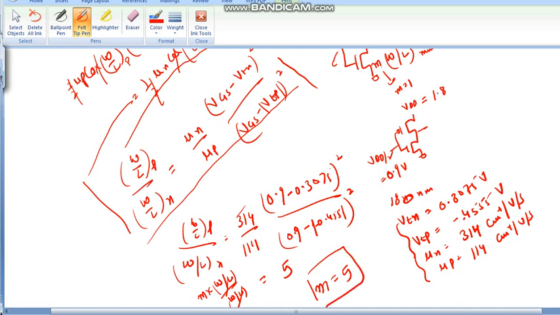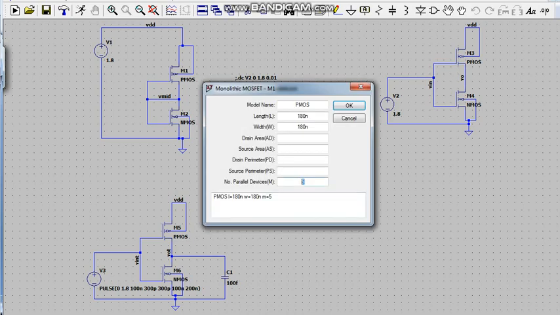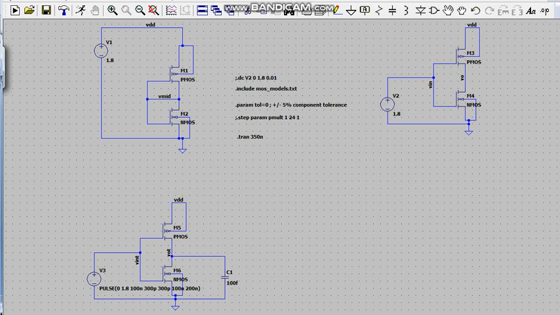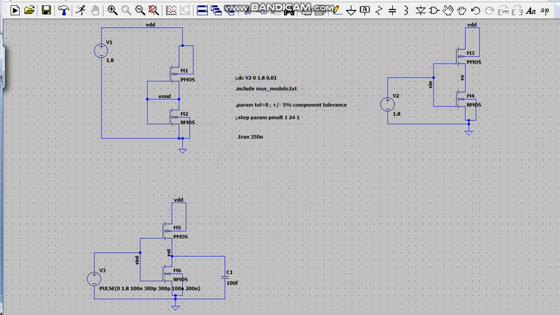Okay, let's simulate our circuit. Here I am taking this as 5, and for length and width I am taking the minimum, 180 nanometer.